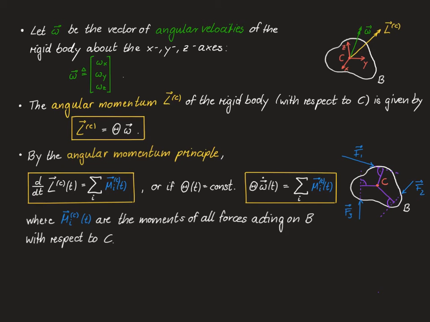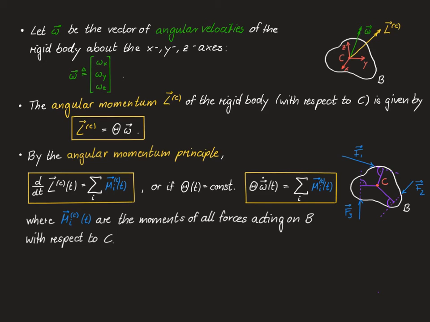Observe that the angular momentum principle is analogous to the center of gravity principle, in the sense that on the left-hand side we have the time derivative of the angular momentum instead of the linear momentum, and on the right-hand side we have the sum of the moments instead of the sum of the forces.